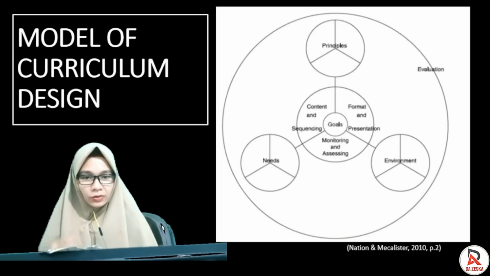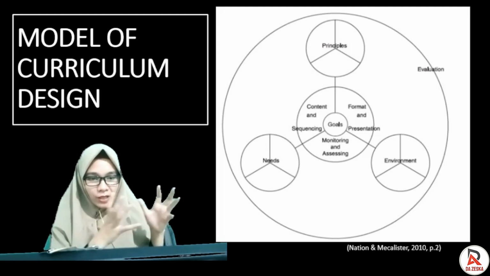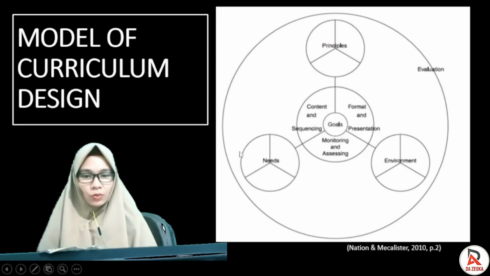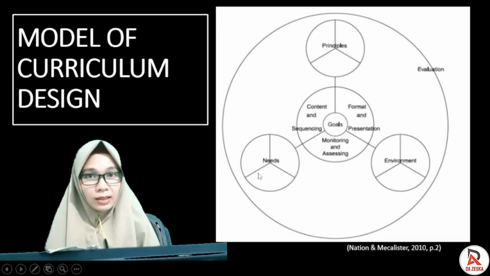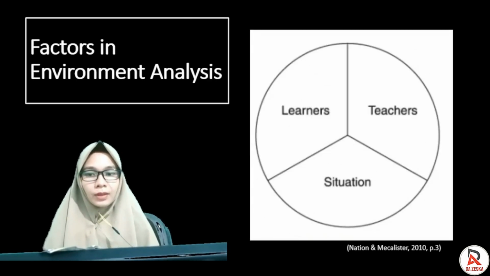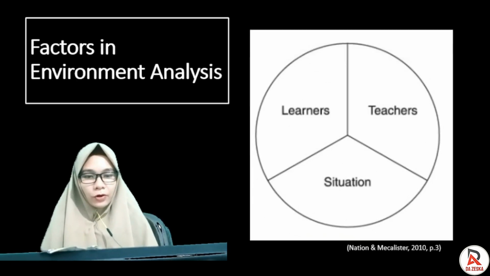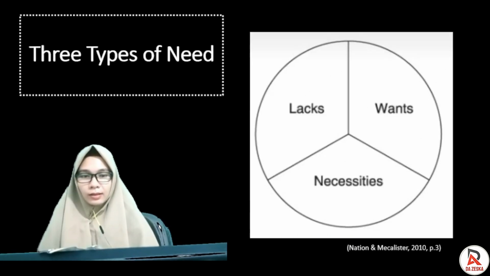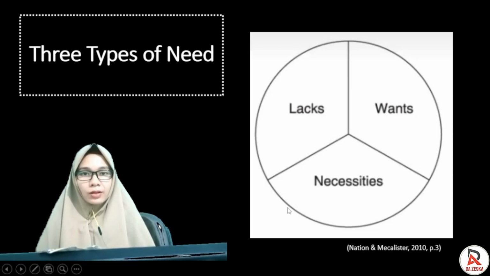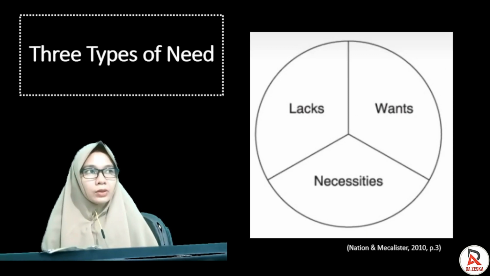Okay, let's go back to this model. So we're done with environment, and now we go to the next outer circle, which is needs. For the needs, Nation and Macalister also mention it, I forgot the pages, but that's not in the introduction.